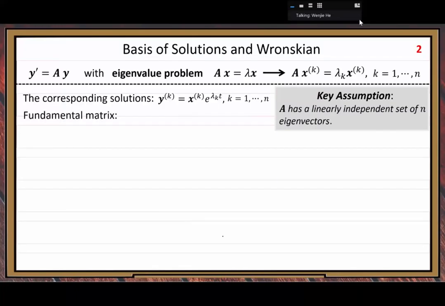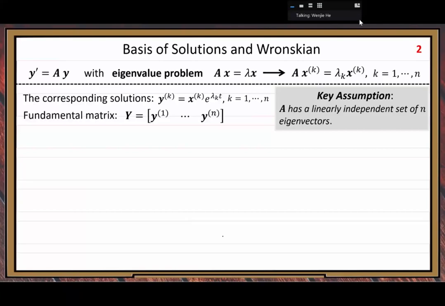Fundamental matrix. This is the concept we used before, but this time, because each solution vector y has a structure, an eigenvector times an exponential function, our Y matrix can be represented.